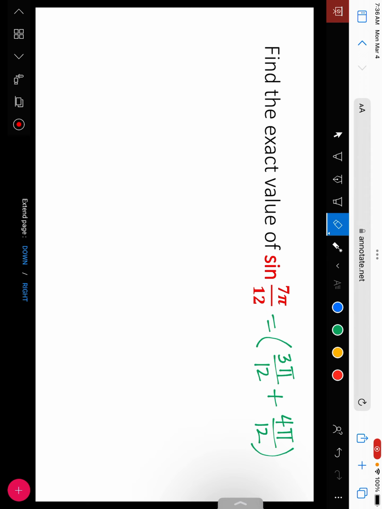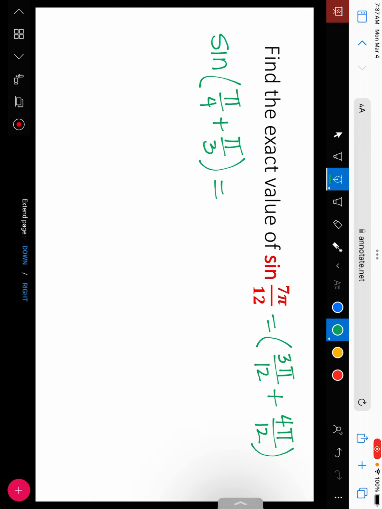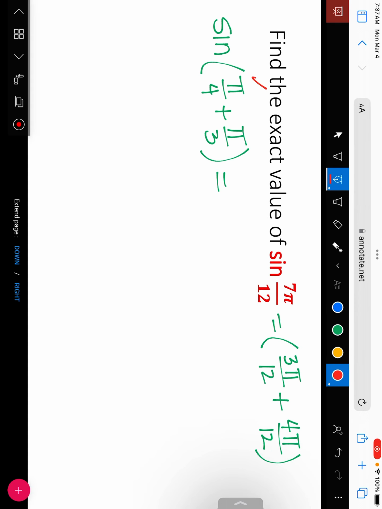So we have to use our sine sum formula. So the sine of pi over 4 plus pi over 3. When you look at your identity sheet, it's in the first column, but it's the second row. Does everyone see that? Now we're doing sine sum, not cosine sum. So for the sine sum, the first angle is alpha and the second angle is beta.